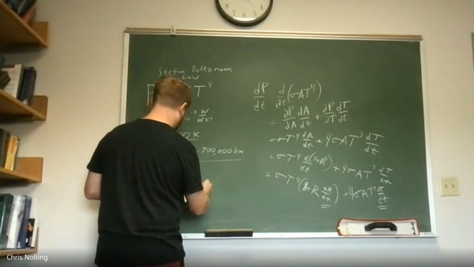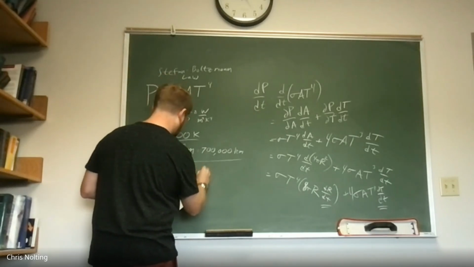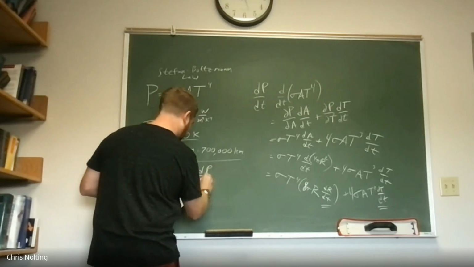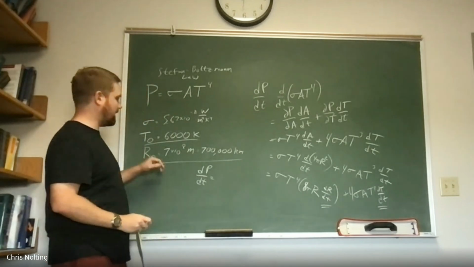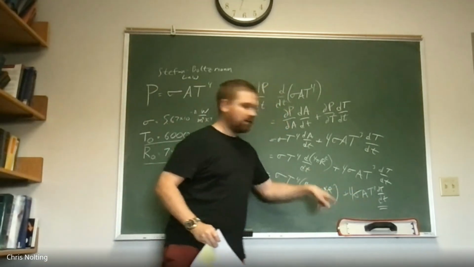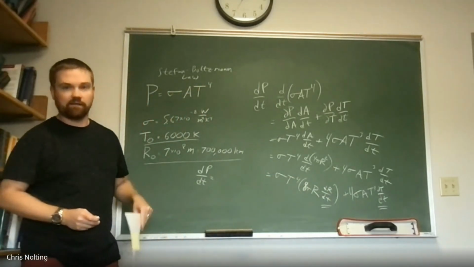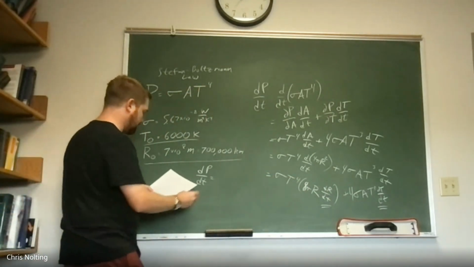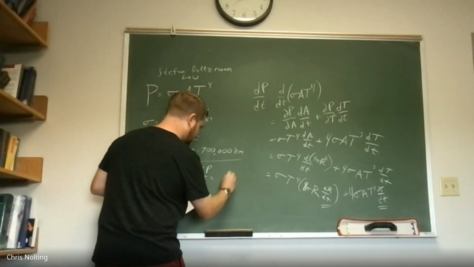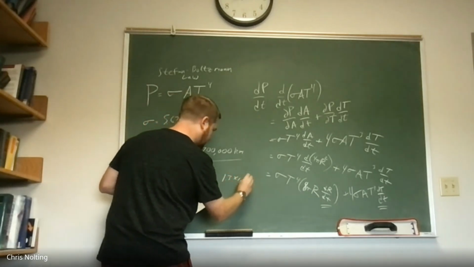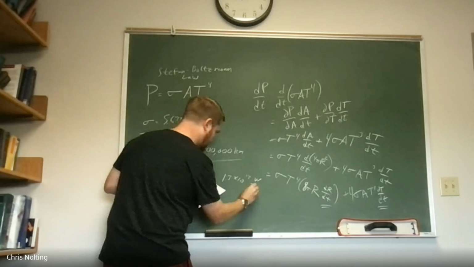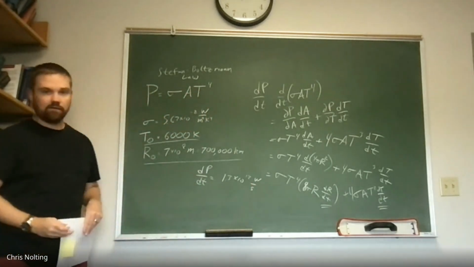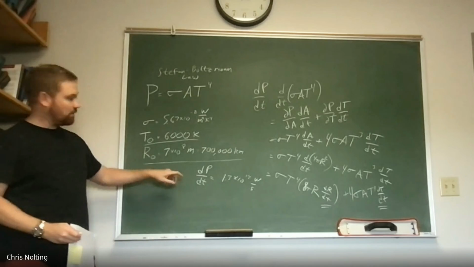And in this case, given estimates of models for how these things vary that we're not going to get into because that's a whole lot of astrophysics, we would end up getting something on the order of 1.3 times 10 to the 13 watts per second.